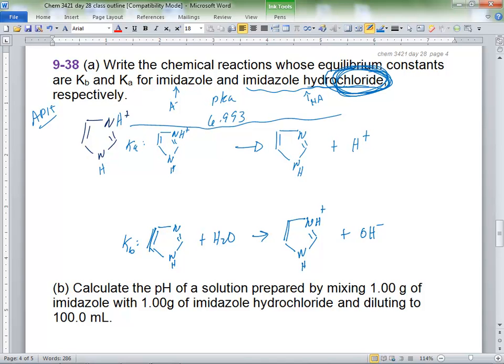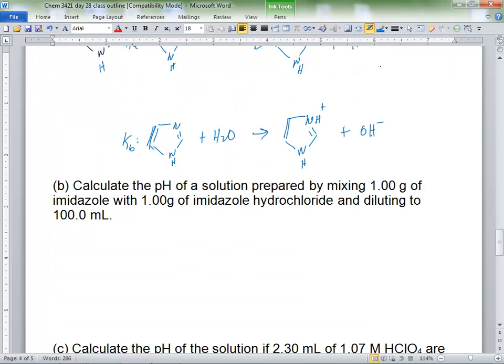Okay. Calculate the pH of a solution prepared by mixing 1 gram of imidazole with 1 gram of imidazole hydrochloride and diluting to 100 mL. Shelby, do you have an idea how to do that? They want the pH of a buffer.